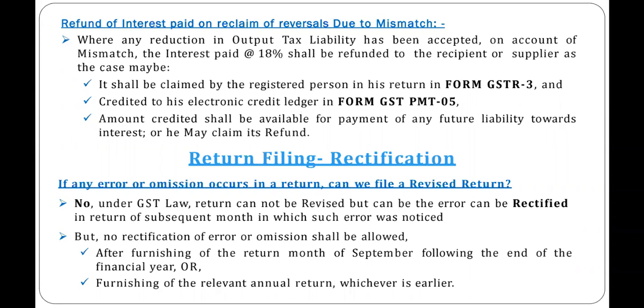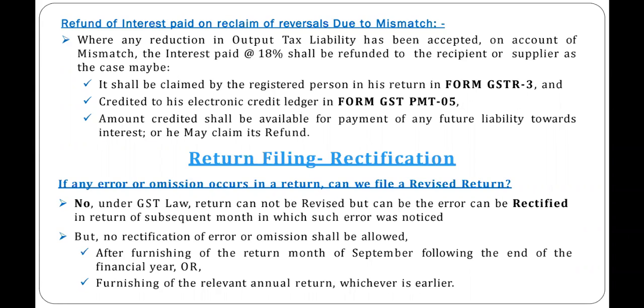But no rectification of error or omission shall be allowed after furnishing of the return for the month of September. See, once you do the rectification or return of the month of September, following is the end of the financial year, right? September generally will be treated as the end, quarterly it will be ending. So you can't do any rectification after that.